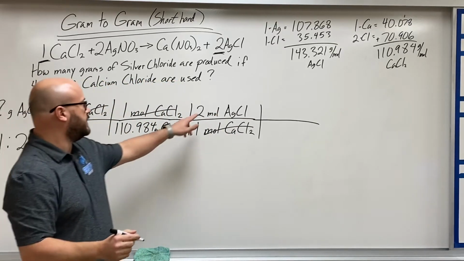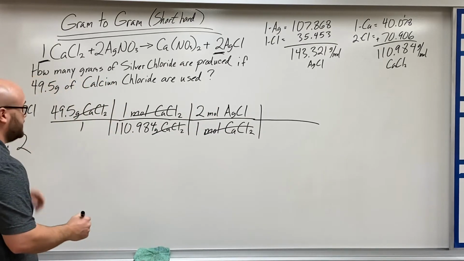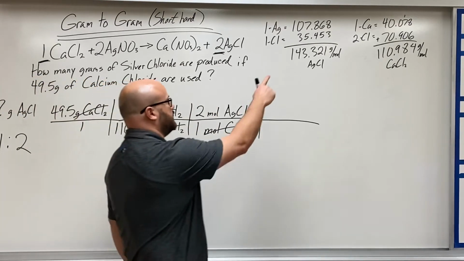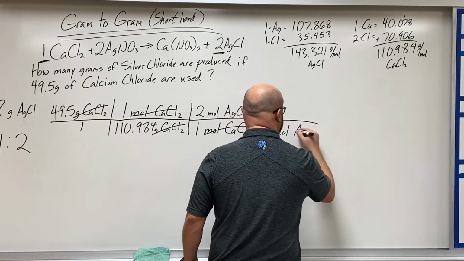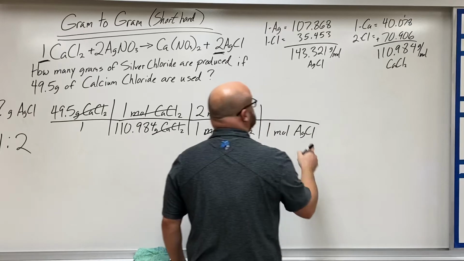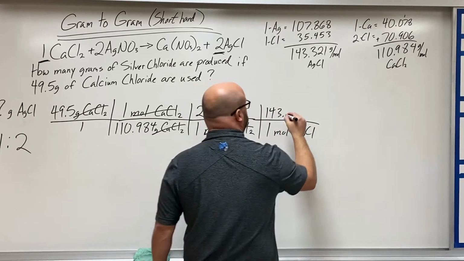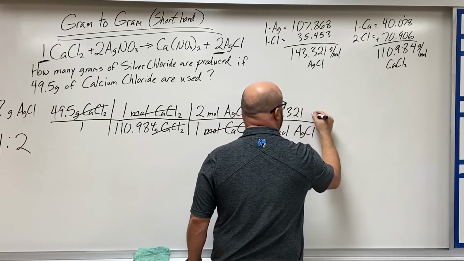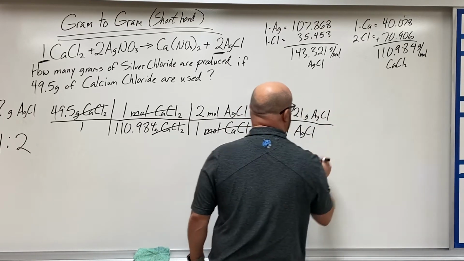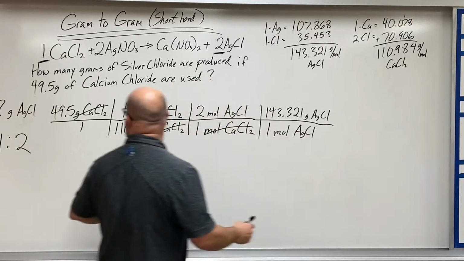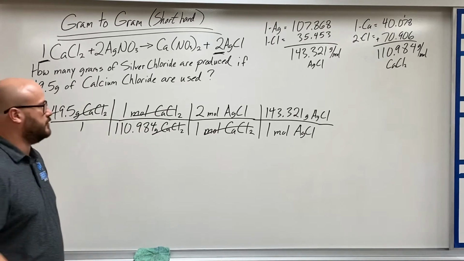Now we're going to change moles of AgCl into grams of AgCl. We want moles to cancel, so we're going to put moles on bottom. So 1 mole of AgCl is equal to 143.321 grams of AgCl. Now we have the units that we're looking for over here, so we can stop our railroad.